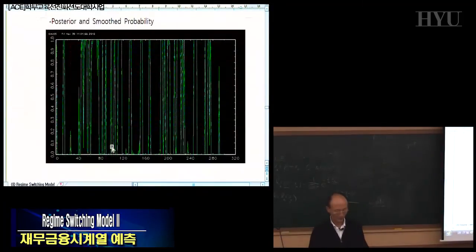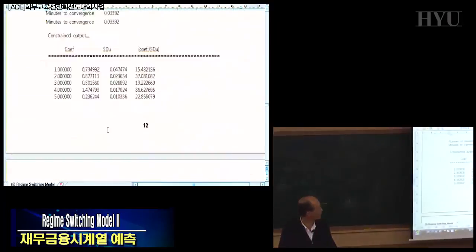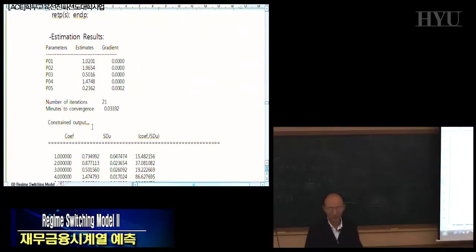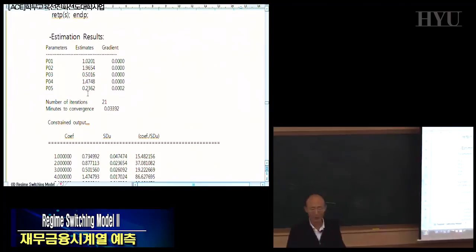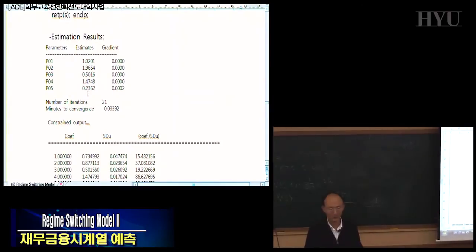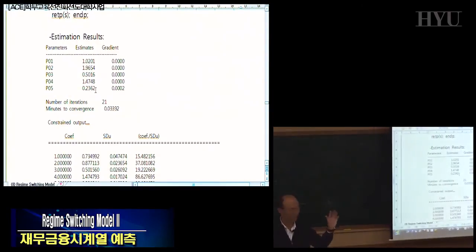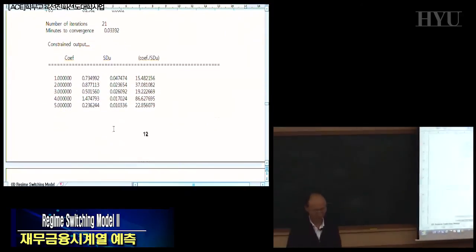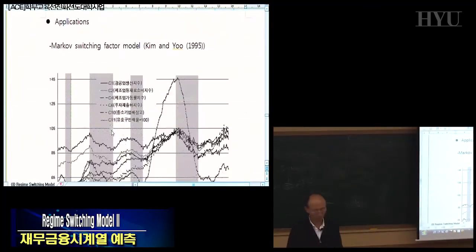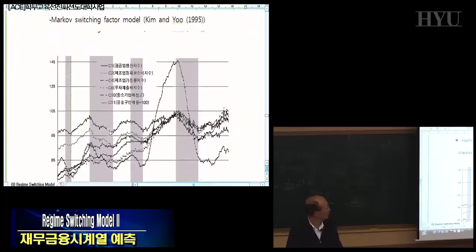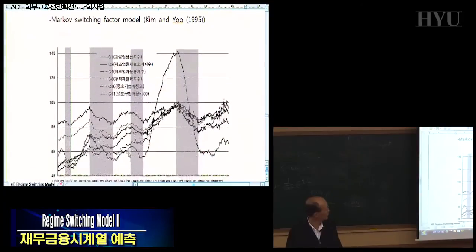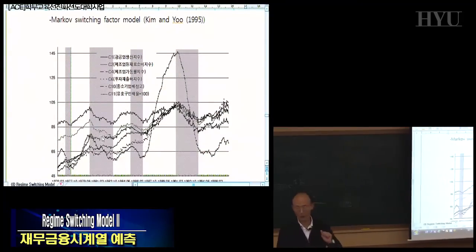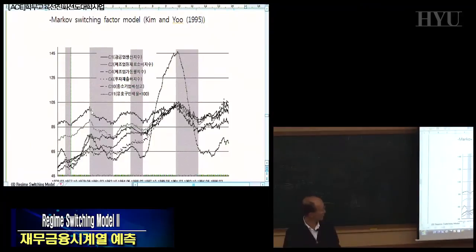Okay. So just in case you are interested in this code, and you don't want to type everything by yourself, then I can lend you this code. Okay. And for the applications, also in our PDF file, you can't read this part, right?